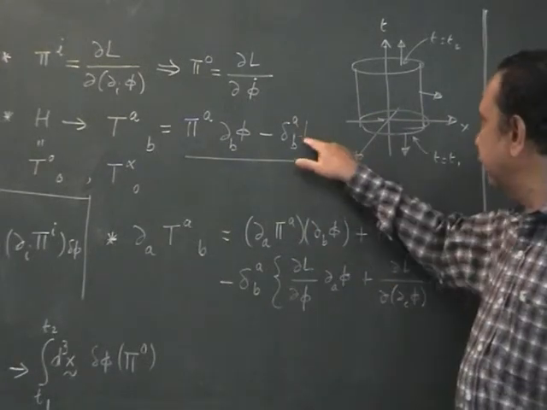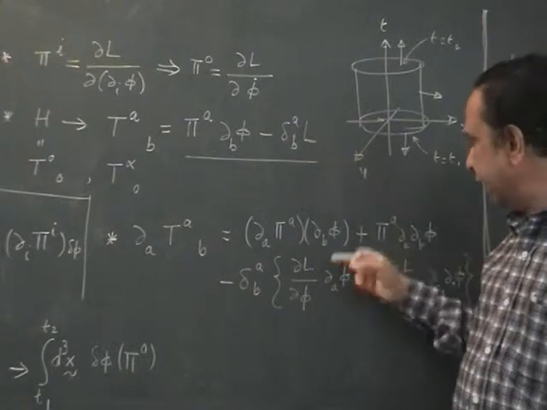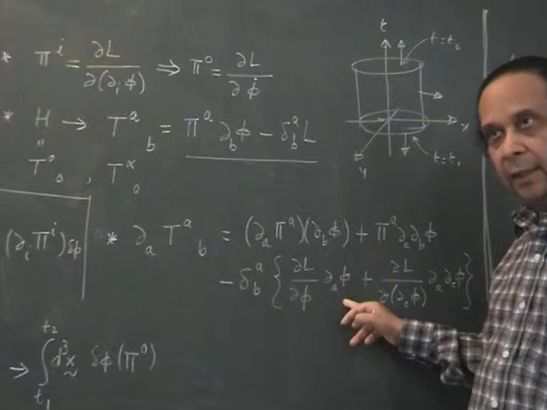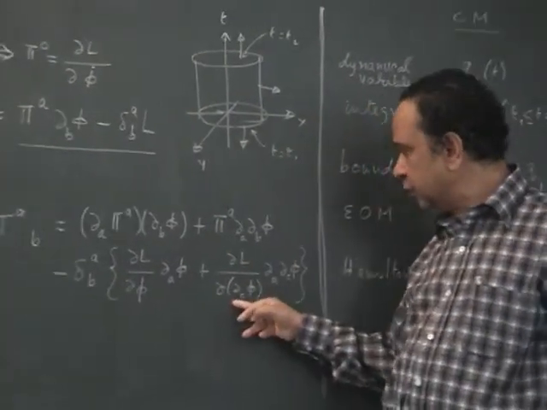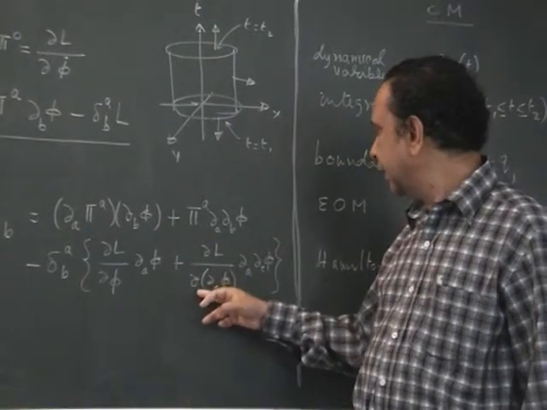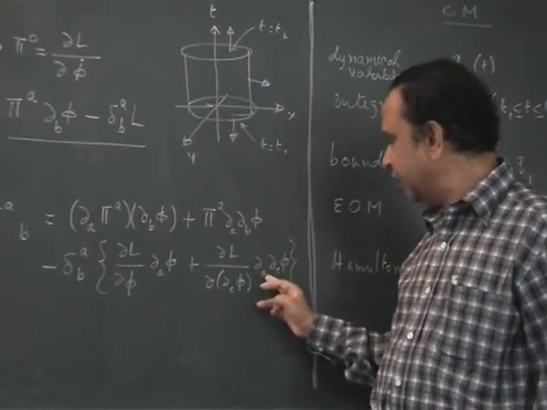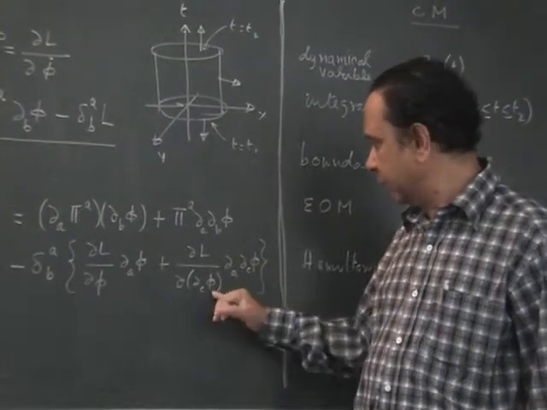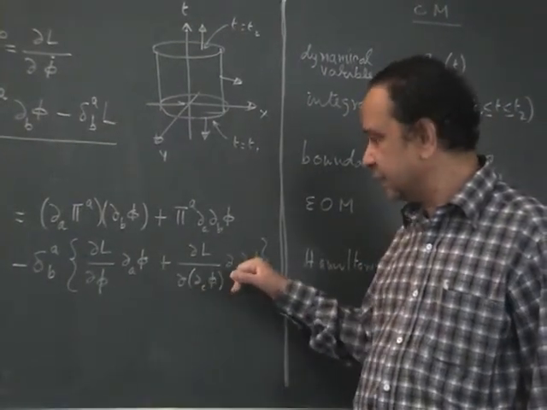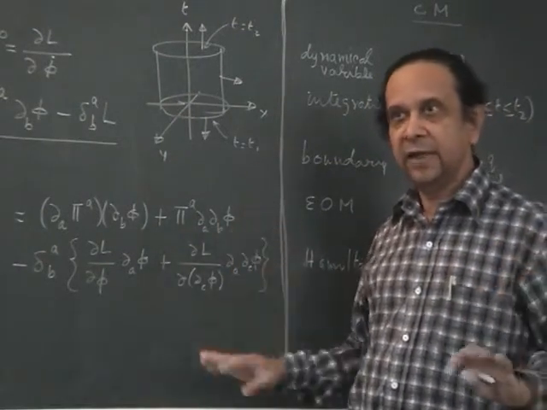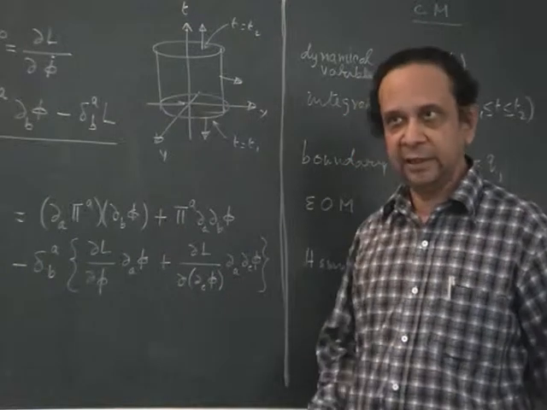So I want to compute dA of L. That is dL with respect to d phi into derivative of phi, plus dL with respect to some derivative of phi, which I take as dC, times dA of dC of phi. Once again, one of the important things about the summation convention is that when the C is summed over, it is a dummy index. I can call it C, J, K, whatever.